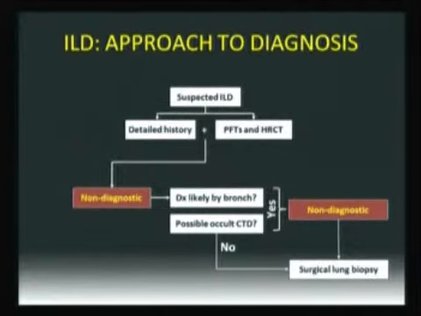Surgical lung biopsy in ILD can still be questionable. There is a lot of variability and inter-observer variability among pathologists, and the technique used to sample the lung of these patients makes a difference too.